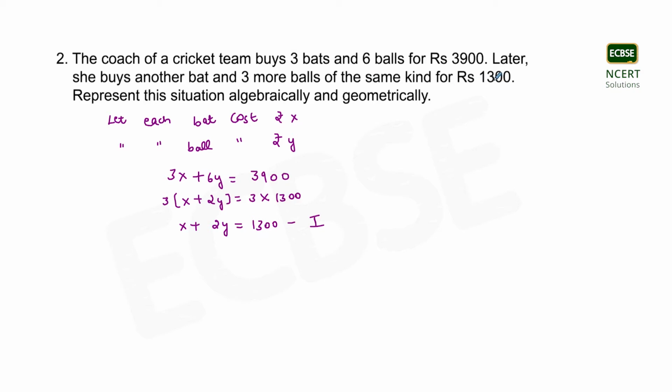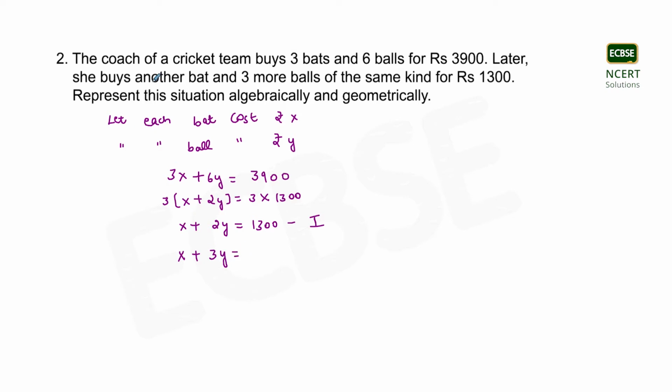And what does statement 2 say in this question? Later she buys another bat and 3 more balls of the same kind for rupees 1,300. It means she bought 1 bat, and as the cost of 1 bat is x, we will write x plus 3 balls, and as the cost of 1 ball is y, the cost of 3 balls will be 3y.